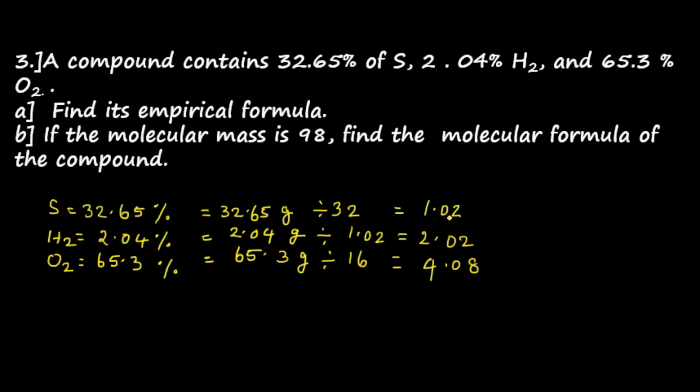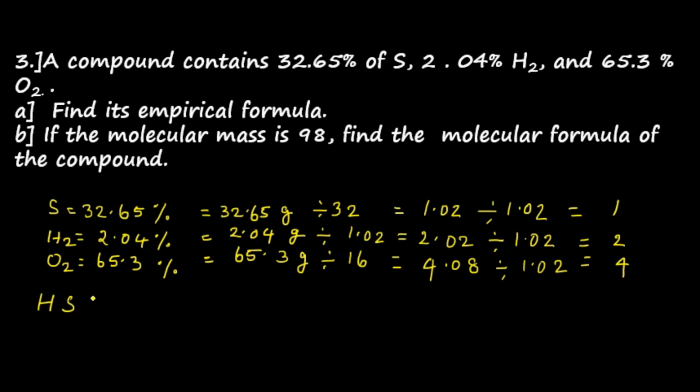The least value is 1.02. So again divide this by 1.02. This will be 1, this will be equal to 2, and this will be approximately equal to 4. We can arrange this on the basis of their electronegativity. So hydrogen comes first, then sulfur, and then oxygen.